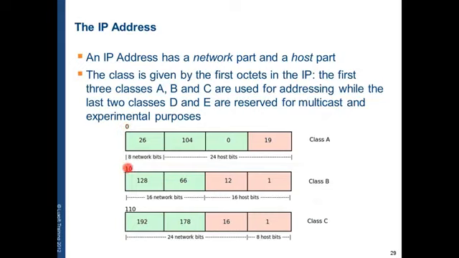For class B, the first 2 bits must be 1, 0, and the rest can be anything. And for class C, the first bits have to be 1, 1, 0. Thus, when you translate from binary to decimal value, you will see that you can use from a number through another number to define the classes.